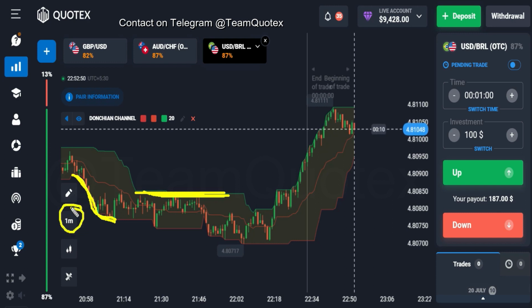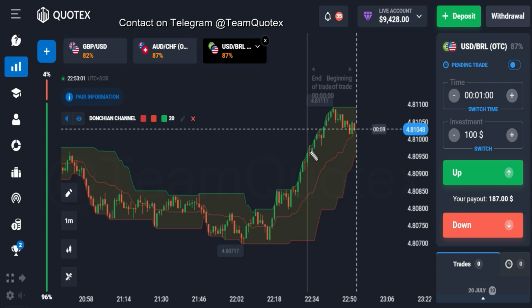Like we are calculating on 1 minute chart frame. That means all candles are of 1 minute, and with the help of the Donchian channel strategy, these all points are the highest point of the price, and these all points are the lowest point of the price.